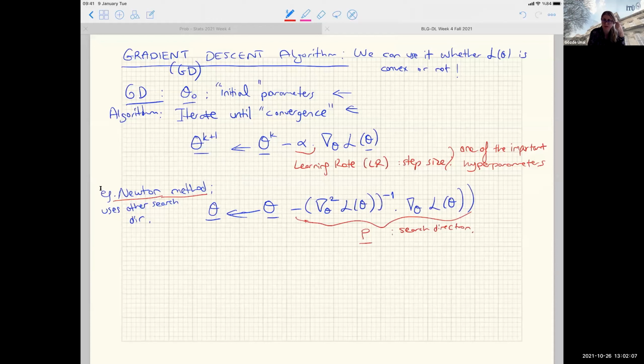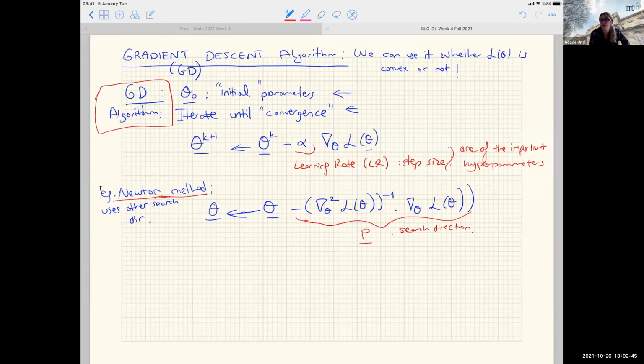Do you see a reason why we're not seeing much of the Newton iterations? I said here is the gradient descent algorithm, and probably most of you are familiar with it. But here is another way to do this iteration, picking another search direction. You would ask, why didn't I see Newton methods much before in this field?